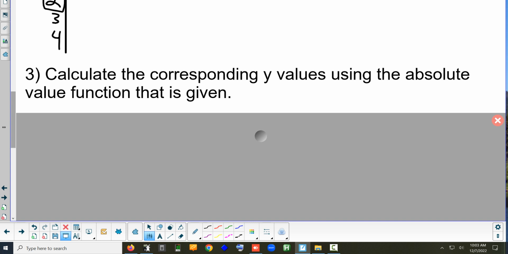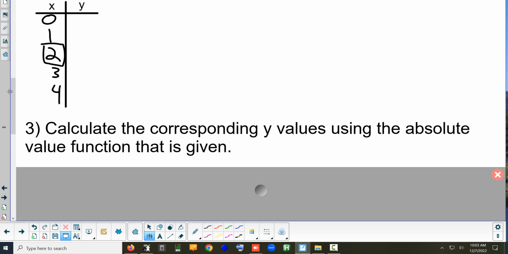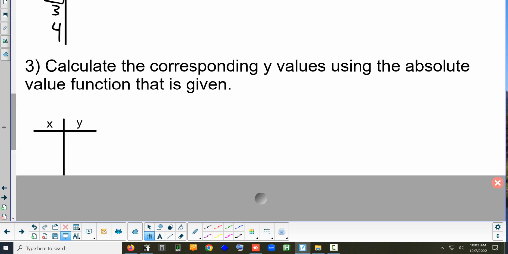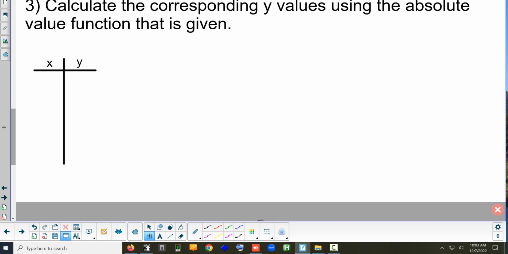How do you calculate them? You use the formula they gave you, just like we did yesterday. You're going to plug each one of these numbers into a formula, one at a time, and write down the answer. So we have 0, 1, 2, 3, 4.